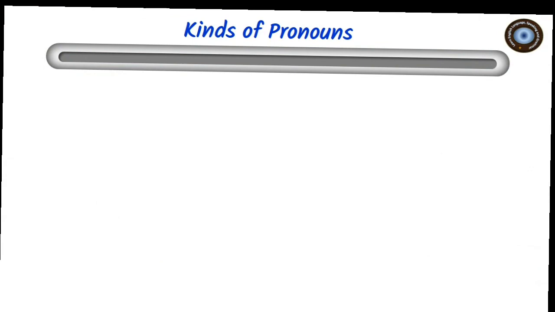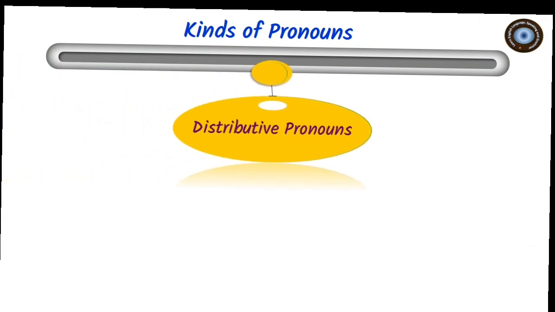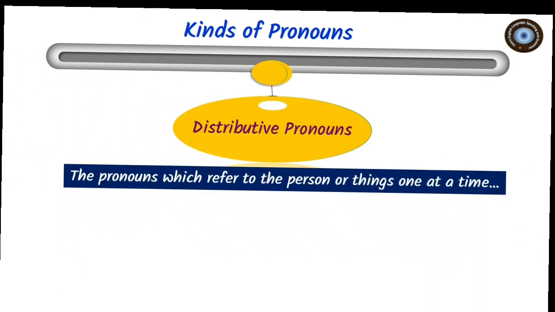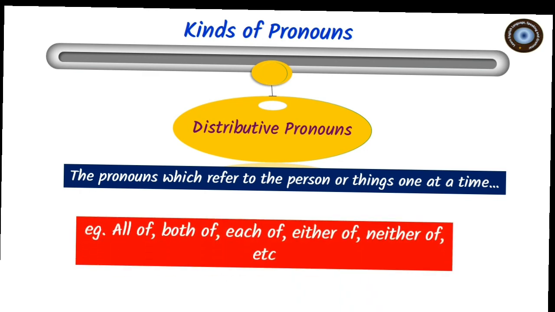Distributive pronouns are the pronouns which refer to persons or things one at a time. For example, all of, both of, each of, either of, neither of, etc. These are the examples of distributive pronouns.